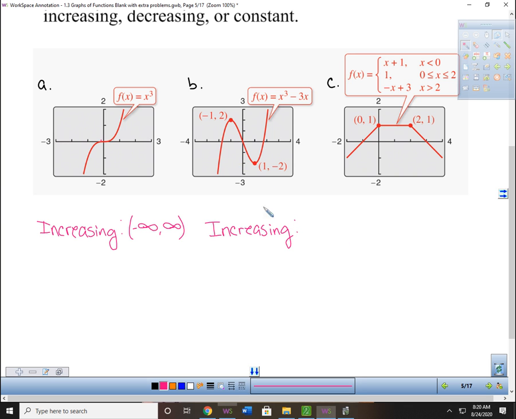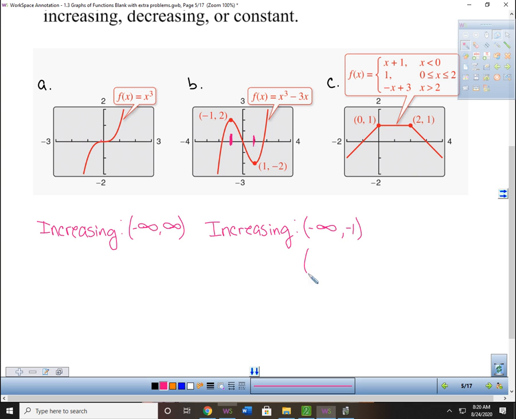All right, so I am increasing from negative infinity all the way until I get to the x value of negative 1. Because remember, this is going to keep going left and out, right? So negative infinity all the way to negative 1. And then we'll do this decreasing spot in a minute. So this decreases until you get to an x value of 1, and then it increases the rest of the way.